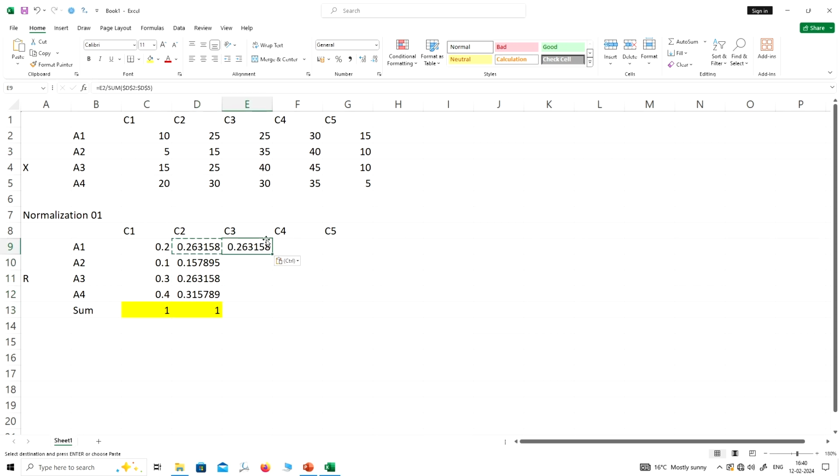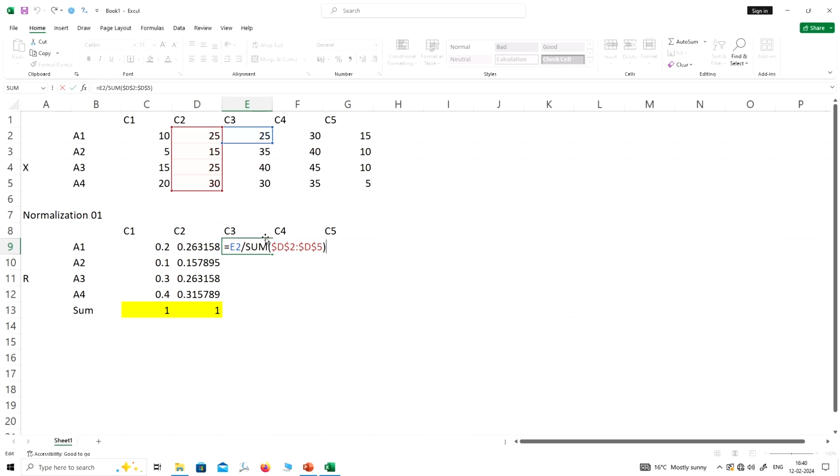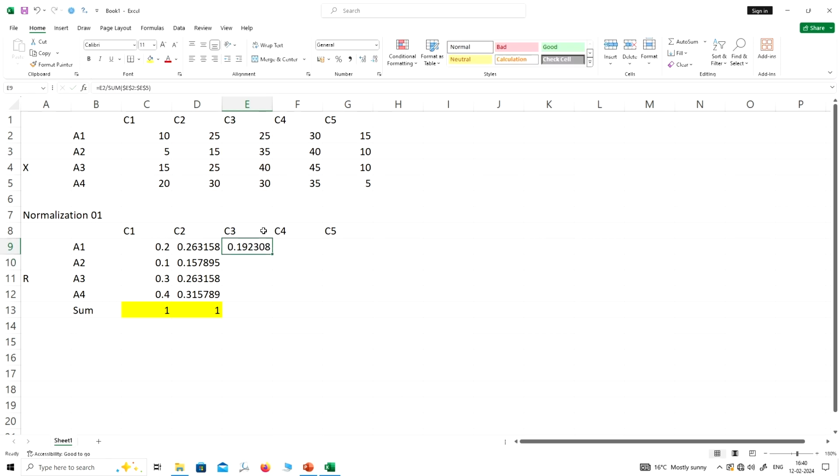Then I copy it to the third column, again I change it. So, this would be E, this is also E, so this is also normalized.